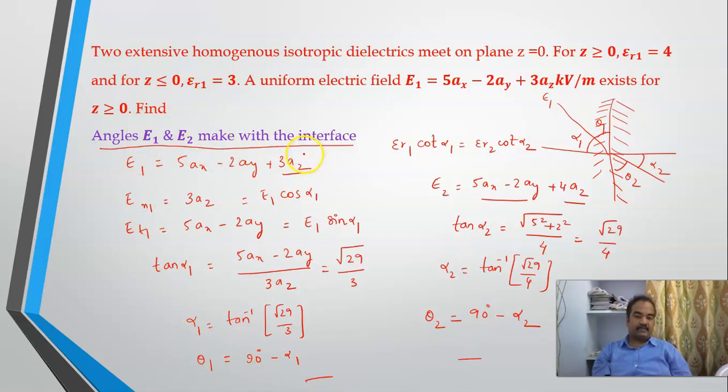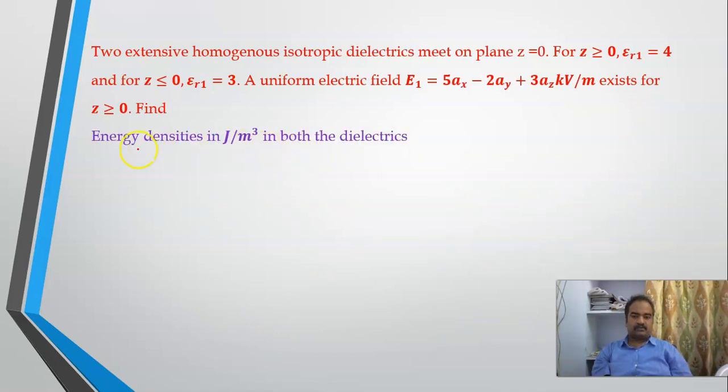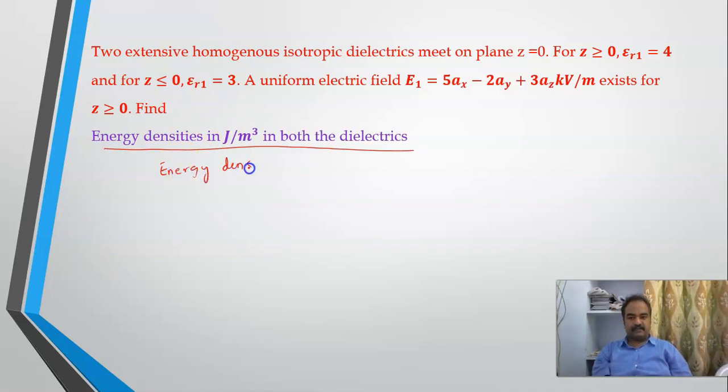Now, moving on to the third component, which says the energy densities in J per meter cube in both dielectrics. We know the energy density formula. Energy density is given by half epsilon E square, isn't it?